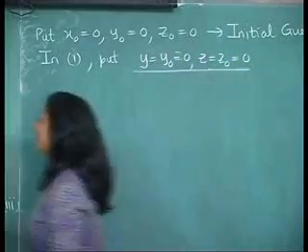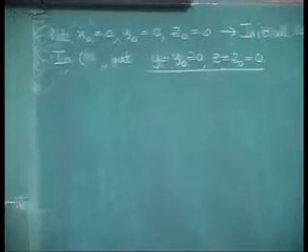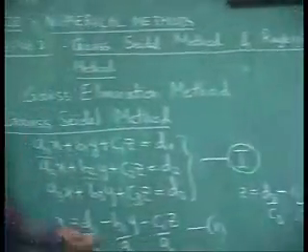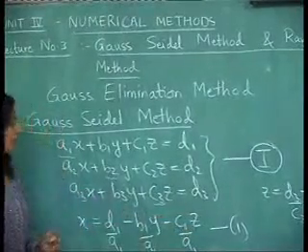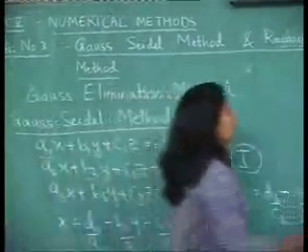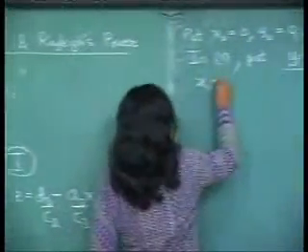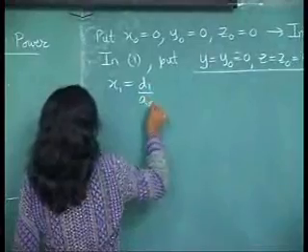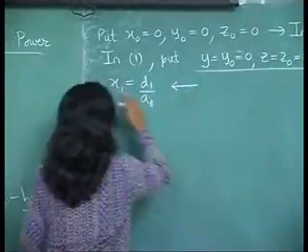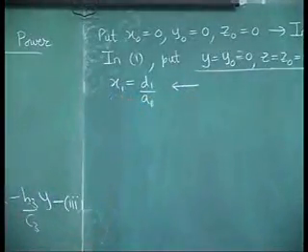So in equation 1, I will put y equal to y naught, which I am taking as 0, z equal to z naught, which I am taking as 0. That will give me x1 to be d1 upon a1. So I get the value of x1.